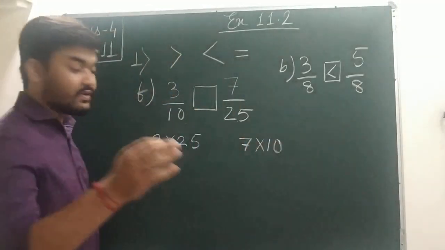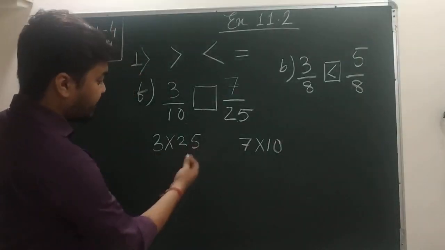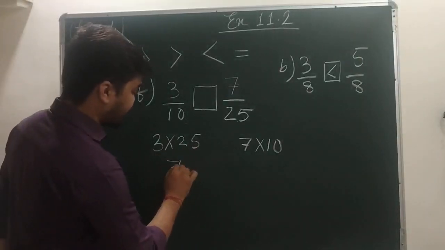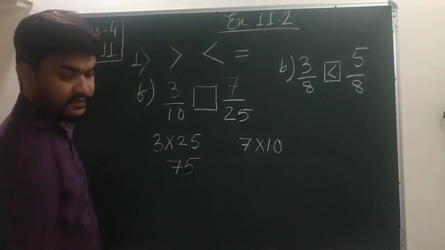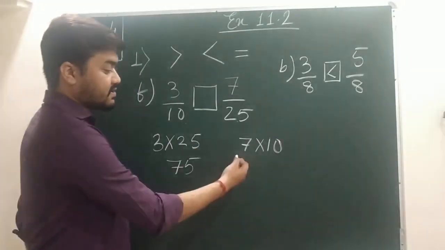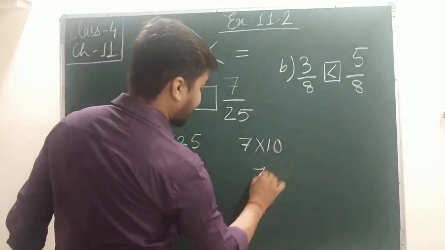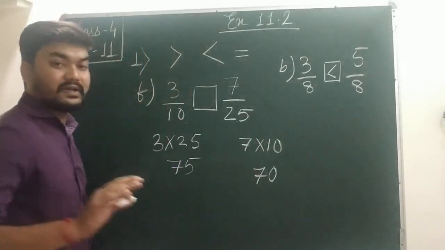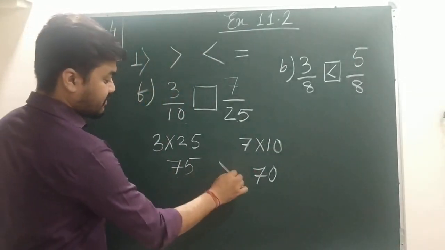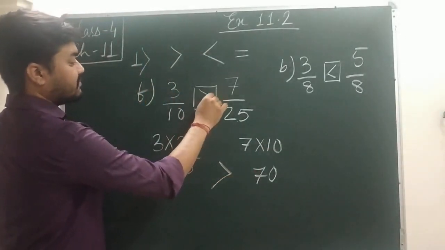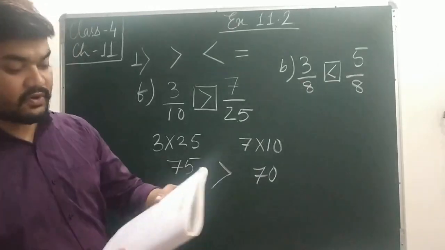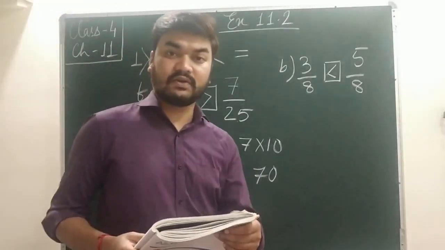When we multiply 3 into 25, we will get the answer as 75. And when we multiply 7 to 10, we will get 70. Now you all can easily tell which is bigger. So the sign will come like this. Hope you all have understood question number 1.